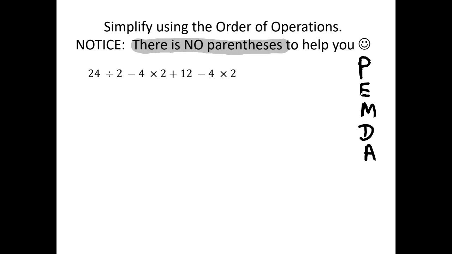Because notice, there is no parentheses. There is no exponents. Okay, be careful of this. Multiply or divide. Well, that means right here, we're starting off left to right. These two numbers are going together first.